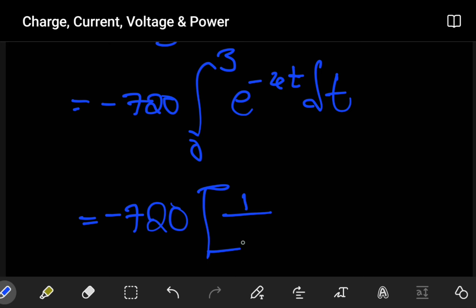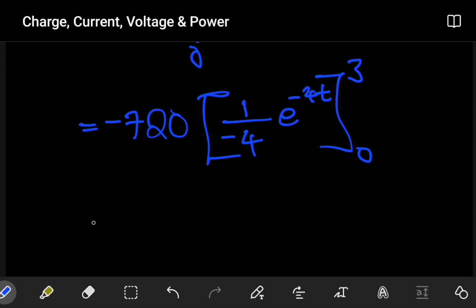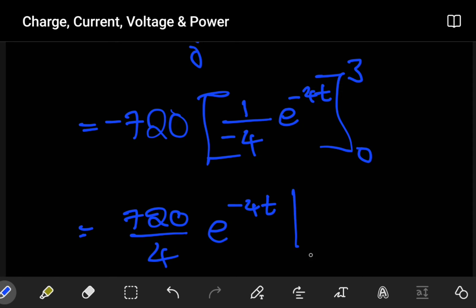So this becomes 1 over minus 4, and then multiplying the exponent itself, which is e to the power minus 4t. So this is what we get, the limits being from 0 to 3. From here, we simplify this. The 4 can come out, we have the minus and the minus will give positive. So this is 720 divided by 4, and this is e to the power minus 4t, changing from 0 to 3.